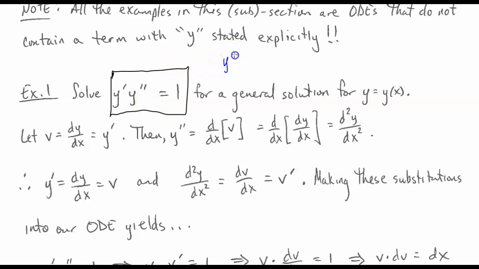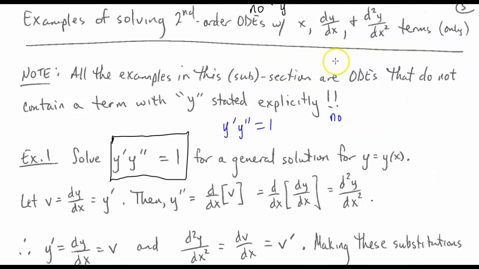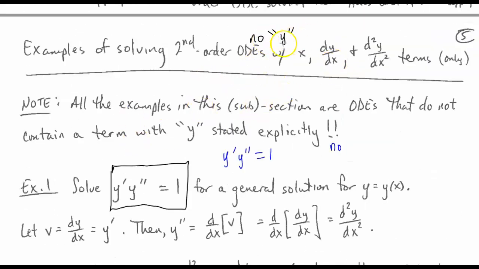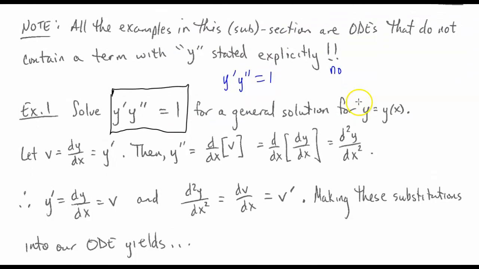Notice that this particular ODE, if you remember, we're looking for something that has no y's explicitly, right? So here we see no y's in any term, but notice here we also do not see any x's in any term either.